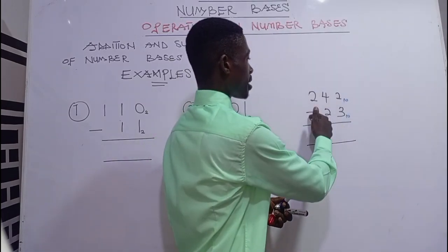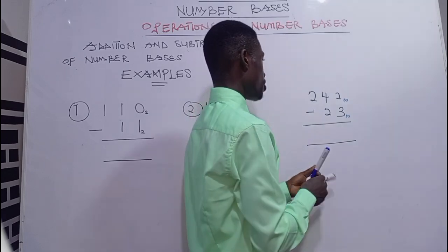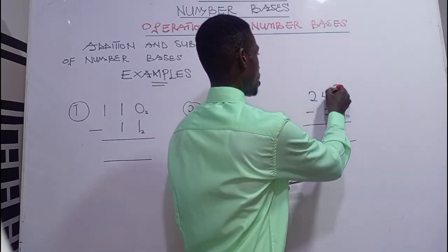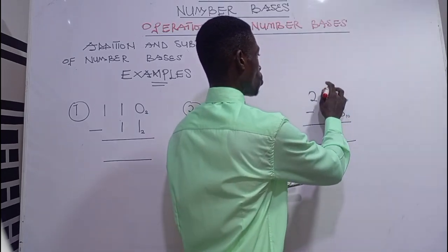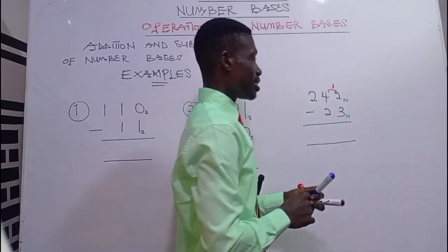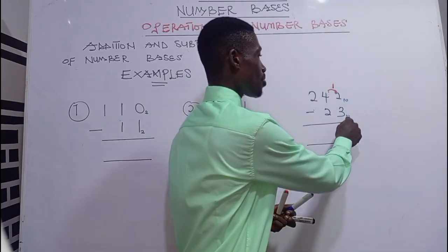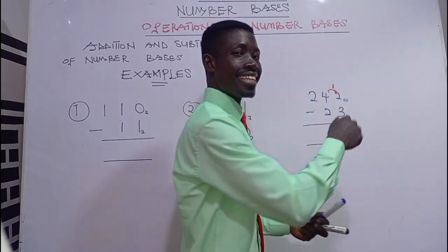Now 2 minus 3, it can't be done. So what do we do? We come to this number and then we borrow what? 1. Now the one that we borrow, because we are working in base 10, it is 10.